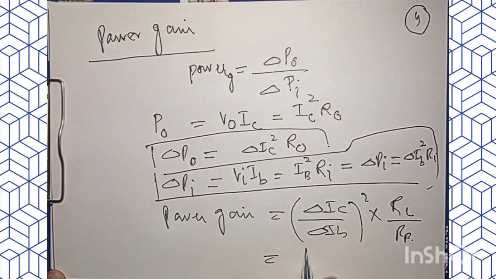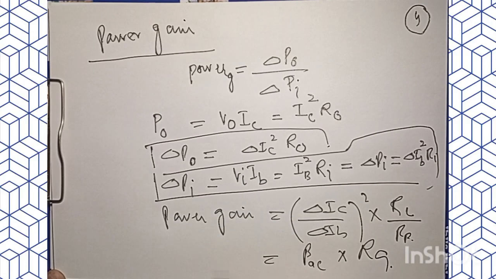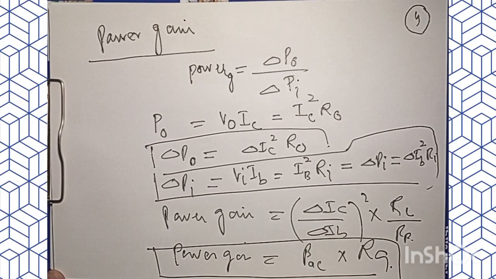So this is beta AC squared times resistance gain.